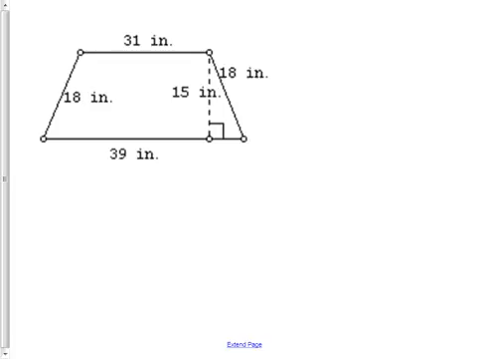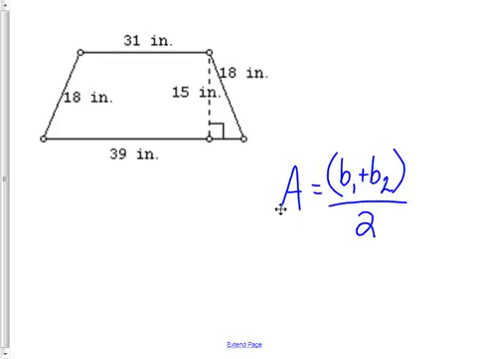Here is an example of a trapezoid. We know the formula for area of a trapezoid is base 1 plus base 2 divided by 2 times the height. And I can do the times the height before I divide by 2 or after. It doesn't actually matter. When I go back and I look at this, my base 1 and base 2 are going to be the two sides that are parallel to one another. So that's going to be this side and this side because they're parallel.